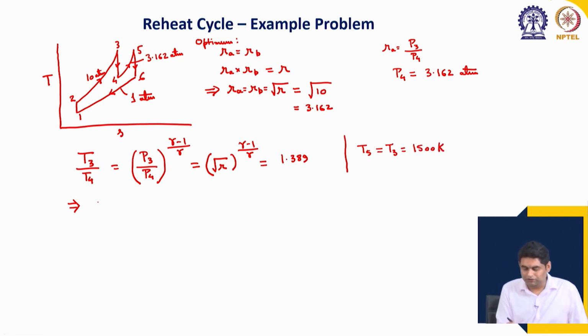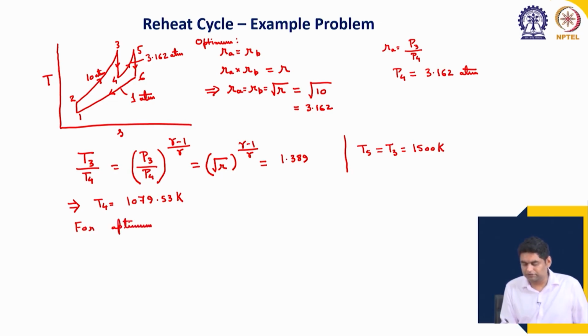So, from this we get a value of T4 to be equal to 1079.53 Kelvin. Exactly the same way we can find T6, but we also remember that for this optimum condition T6 should be equal to T4. In the previous class we had seen this, otherwise you can calculate again.